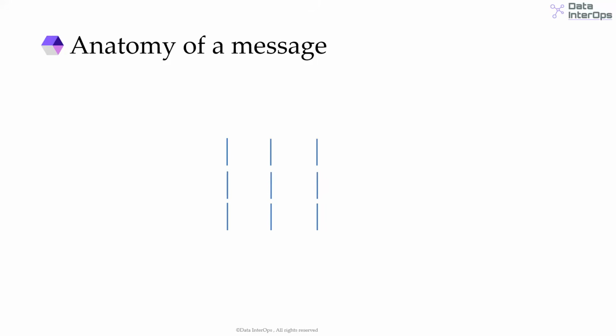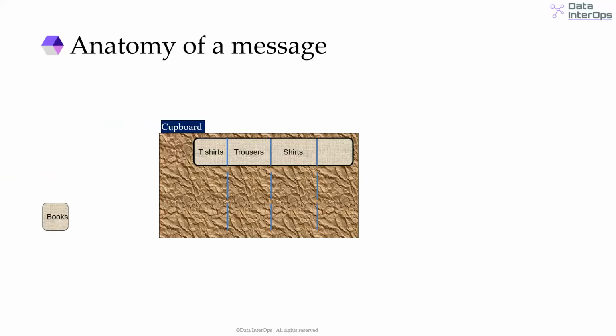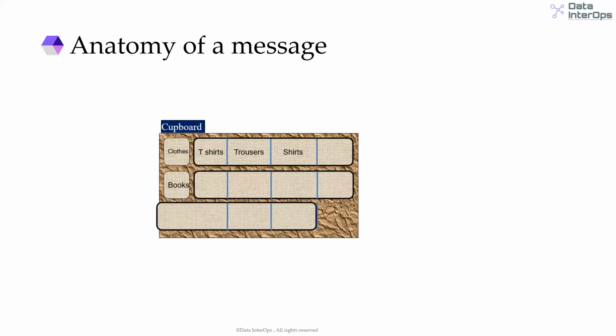Right? So, let's take one small example to understand these things better. Let's say we have a cupboard in a house. We organize our cupboards. And in the cupboard, you may have different shelves, and each shelf may be dedicated for various materials.